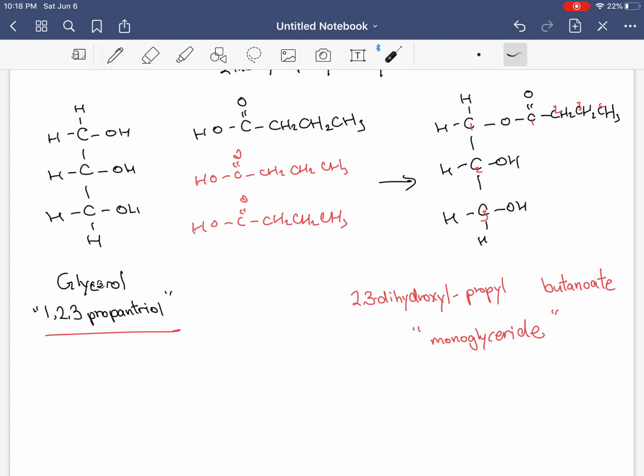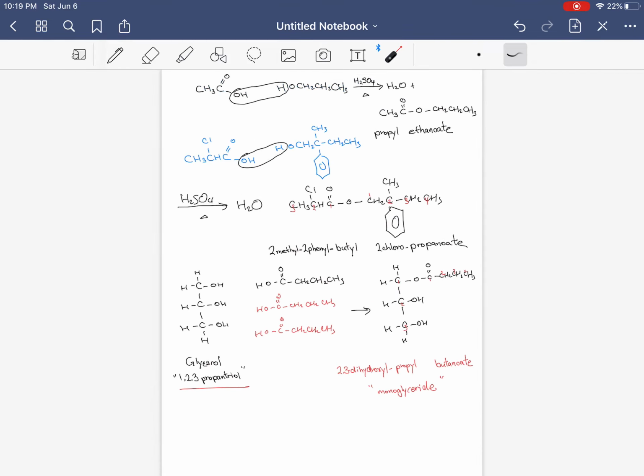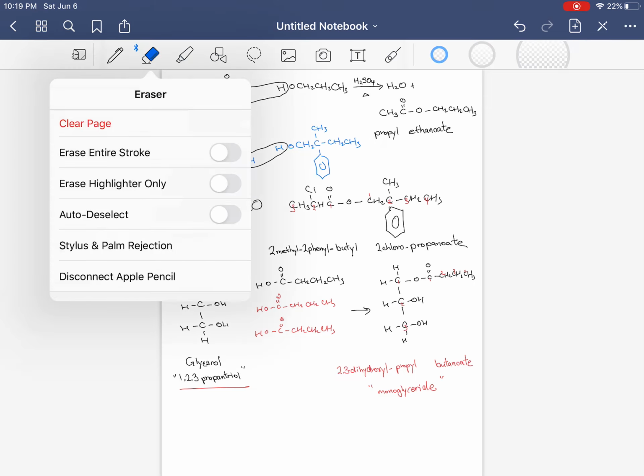Every fatty acid has its own name, and you would name them alphabetically, and that's it. It's pretty simple to name these triglycerides or diglycerides. In terms of this, we can still name it IUPAC-style, but of course it's a monoglyceride. Anyways, that's ester.